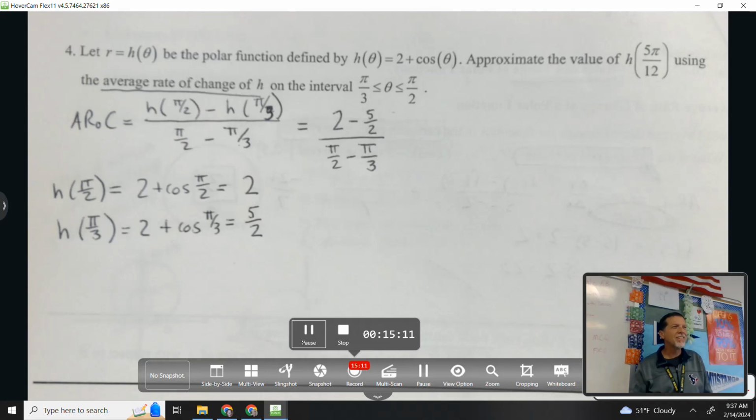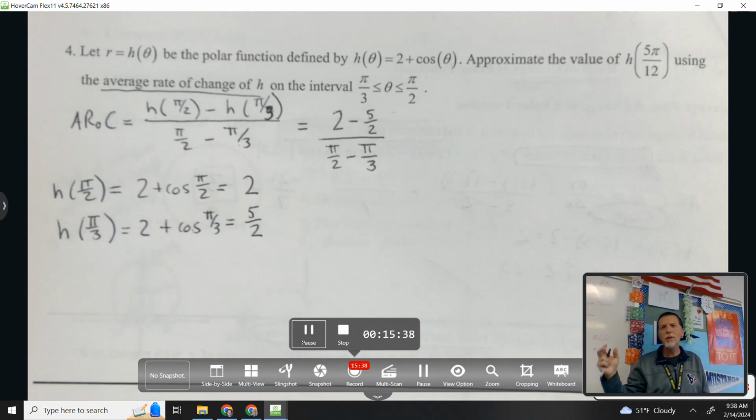Common denominator. So the two options are common denominator of the top and the bottom, and then keep it, change it, flip it. That's one way to go. Simplify the top and bottom, and then you can flip: 2 minus 5 halves, and then pi over 2 minus pi over 3. Yeah, that's what Addison's saying. Yes. So simplify the top, simplify the bottom, and then keep it, change it, flip it.